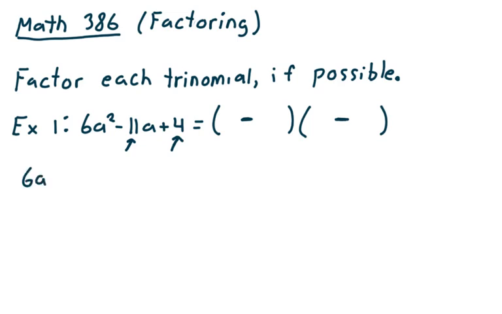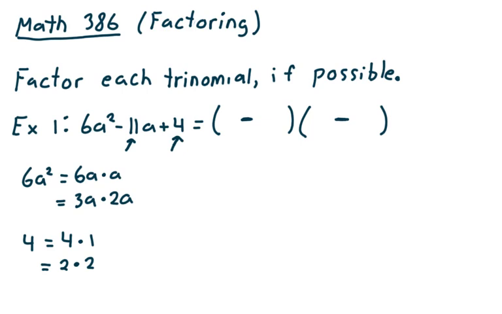Take a look at 6a squared. We have two choices. We can write this as 6a times a, or we can write this as 3a times 2a. And with 4, we can write this as 4 times 1, and we can write this as 2 times 2. And our goal is to figure out which combination will work, okay?